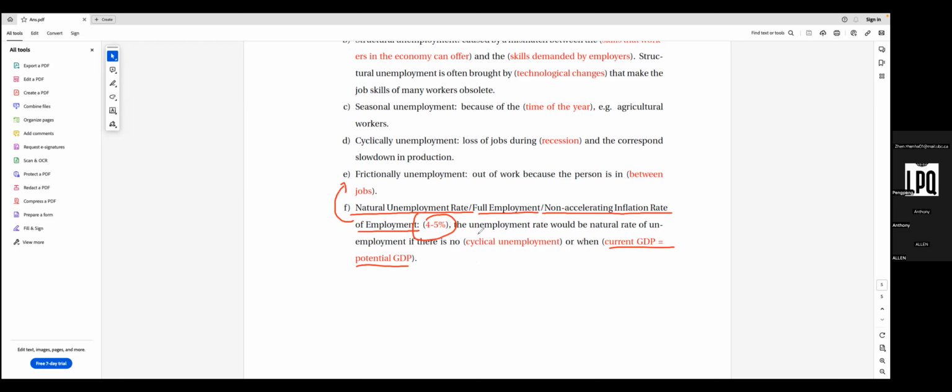And one more thing to remember: with the current unemployment rate equal to the natural rate of unemployment, there is no cyclical unemployment. Among all those workers who are unemployed, nobody can be counted as cyclically unemployed when your current GDP exactly equals potential GDP.